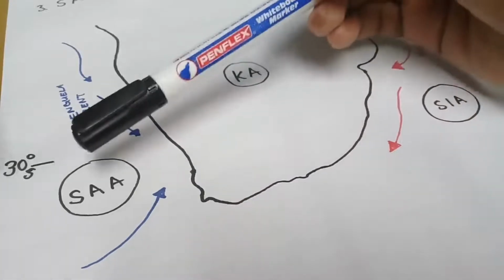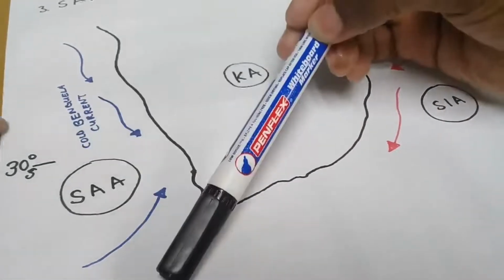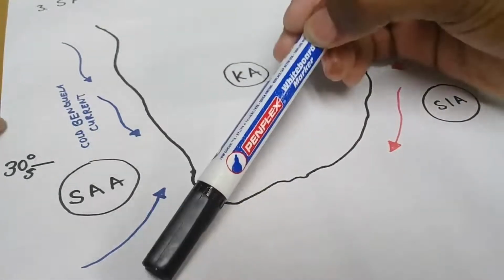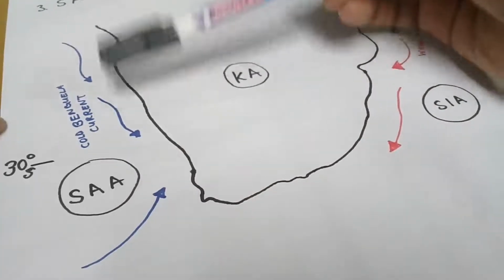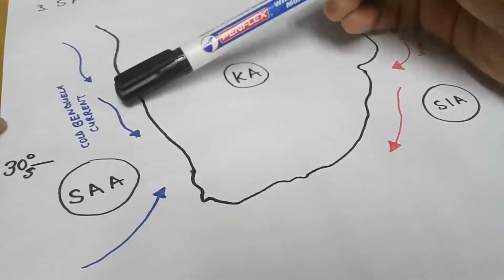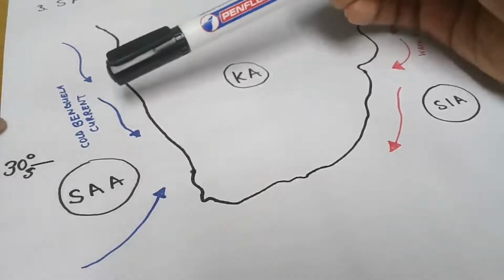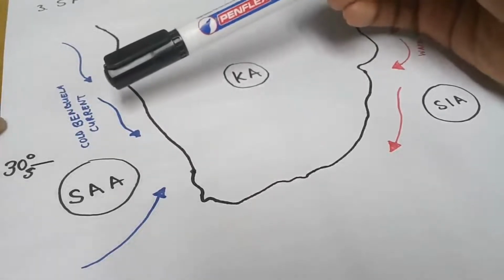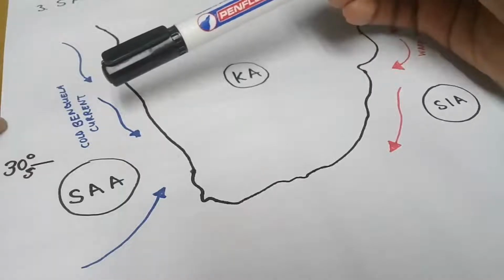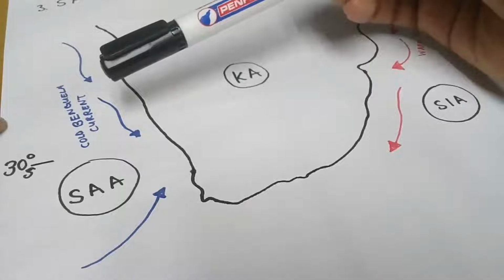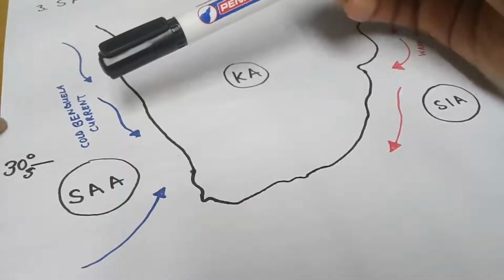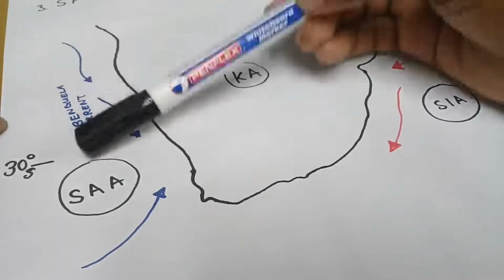If it moves southwards in summer, that means the equator will also move southwards, becoming closer to South Africa, causing hot conditions, low pressure, cloud cover, and heavy rainfalls during the summer season in South Africa. That's the reason why.